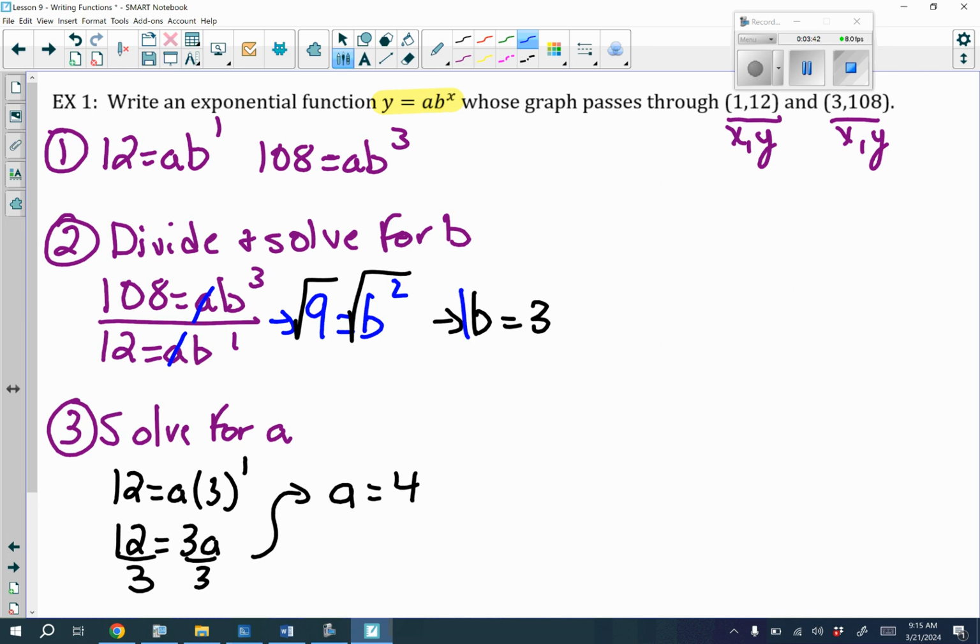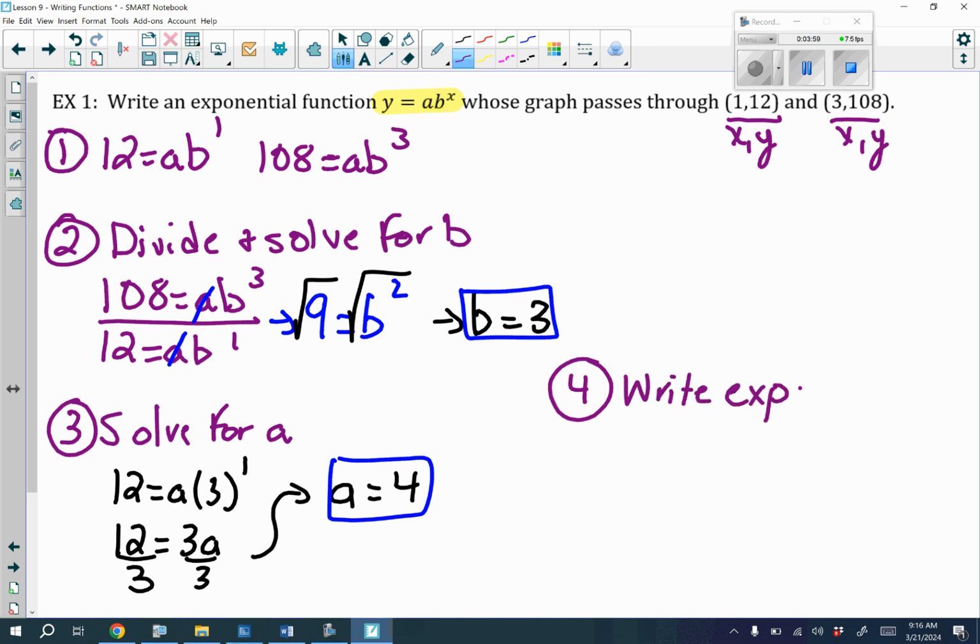So now that I have a b and an a value, my last step, and make sure you don't forget this step, is to actually write the exponential function. Like that's the goal here, okay? So don't forget that very important last step. And when we write our exponential function, don't forget, guys, that we're going to have to use our variables.